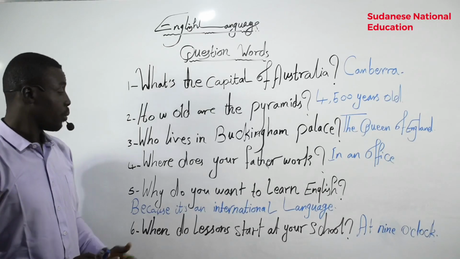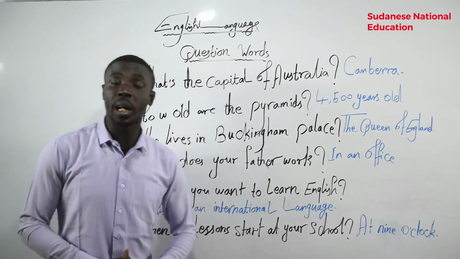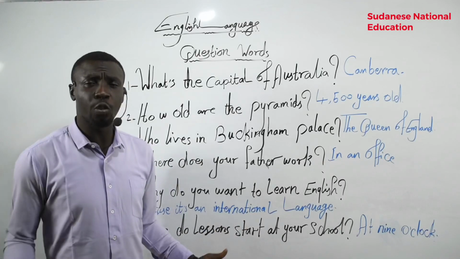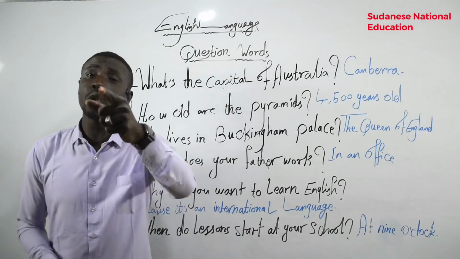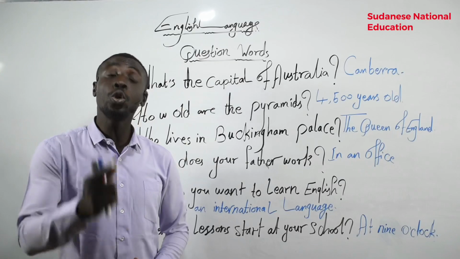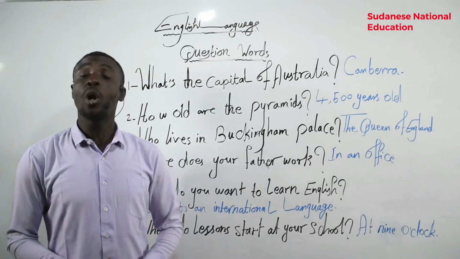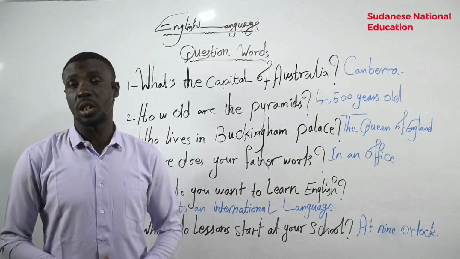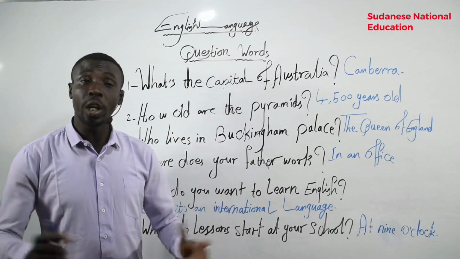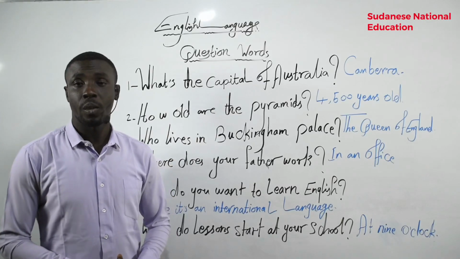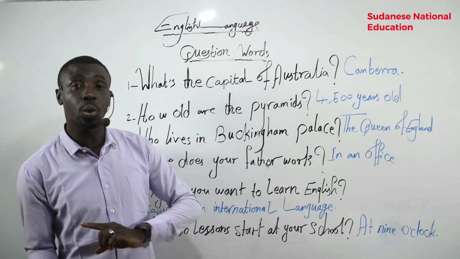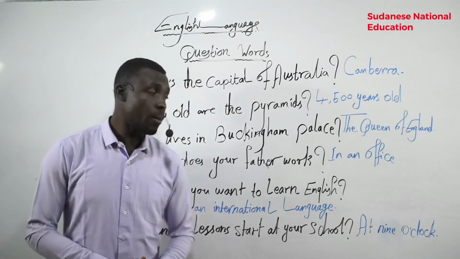Number 4, where does your father work? Where do you work? Where do you study? Where do you learn English? Where do you spend your leisure time? Where do you go for your free time? Where do you spend your holiday?